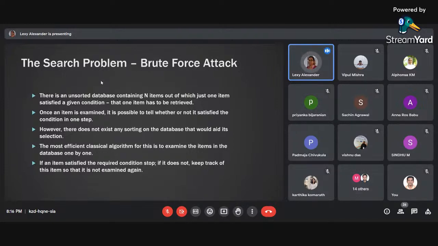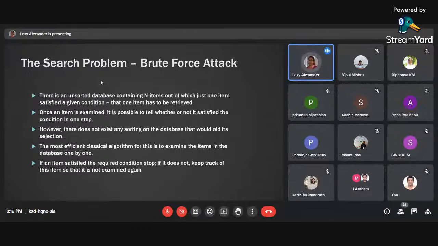So what do we have to do? Since it is unsorted, we have to take items one by one and examine each item and tell whether it satisfies the condition or not. The algorithm assumes that this can be done in one step, but it cannot do any sorting on the database that will help in the selection.